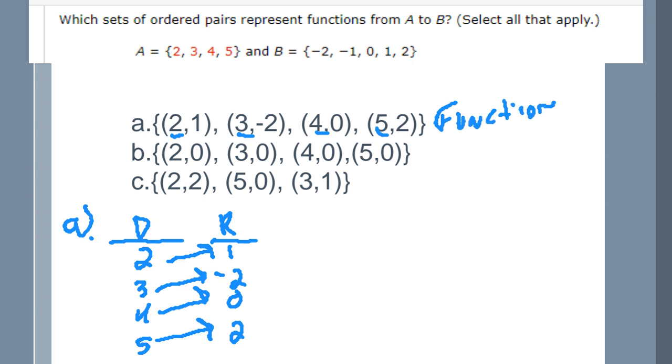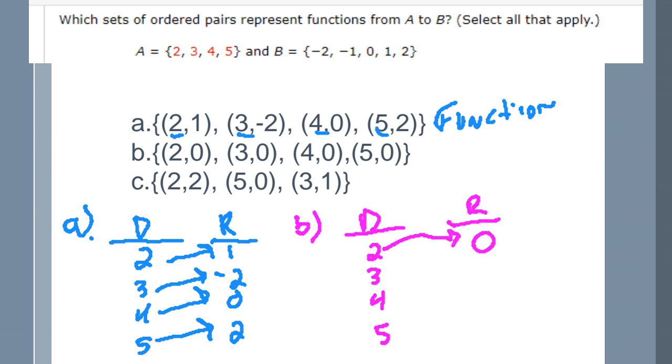But now let's look at letter B. Same thing, the domain is 2, 3, 4, and 5. And then for the range, they only give me 0. The rest are zeros there. So 2 goes to 0, 3 goes to 0, 4 goes to 0, and 5 goes to 0.